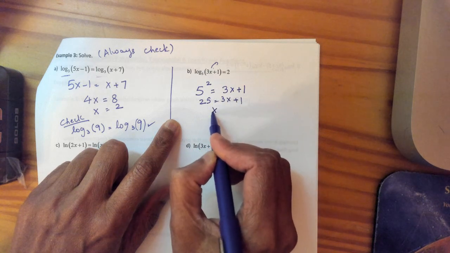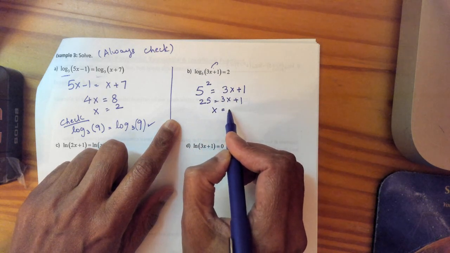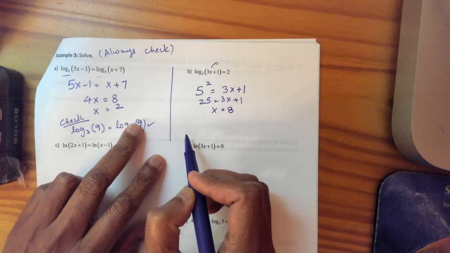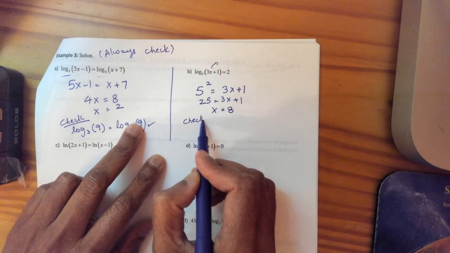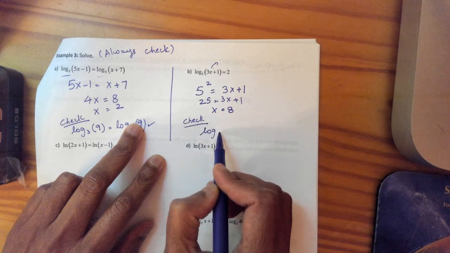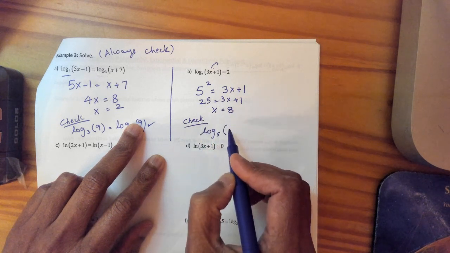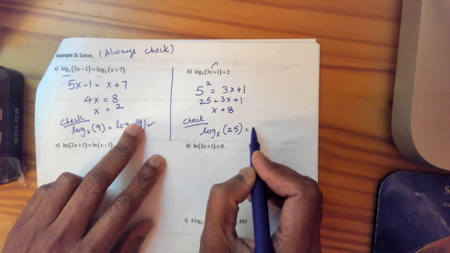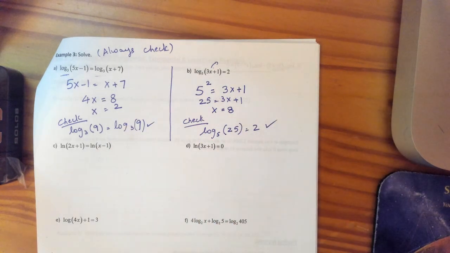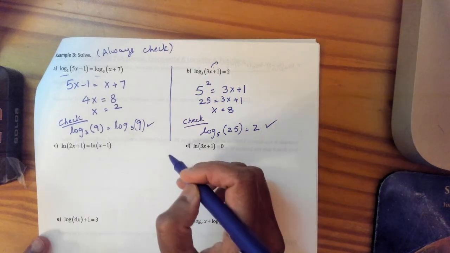Go ahead and solve this, and you should get x equals 8 when you try to get x by itself. And then substitute the x, and it's log base 5 of 3 times 8 is 24, plus 1 is 25, equals 2. As long as the input for log is not negative, you are good to go.